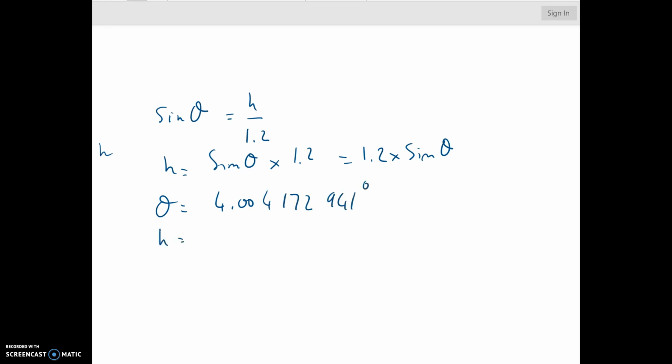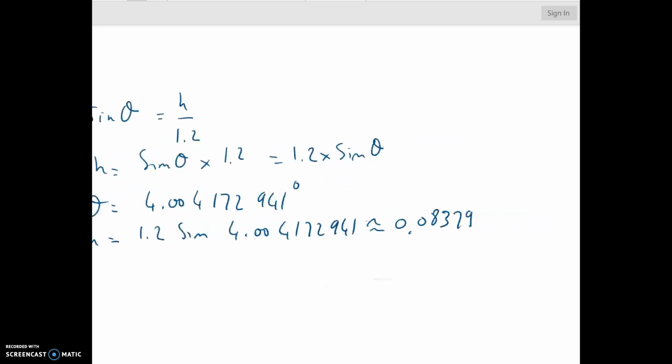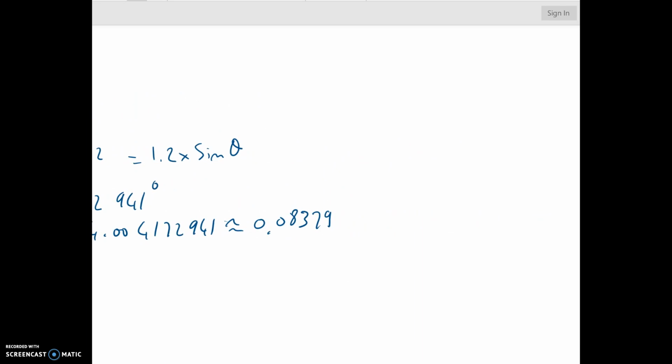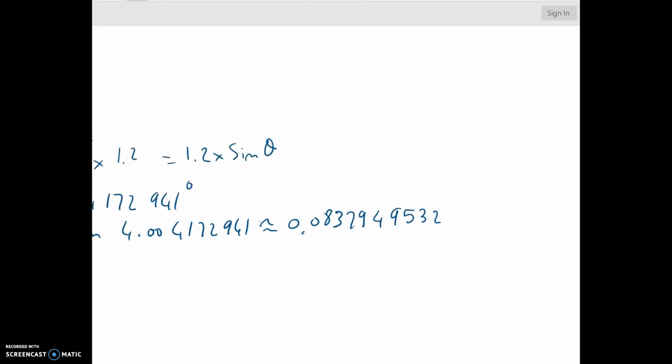You can easily calculate h as 1.2 sine of 4.004172941, and you will find a value around 0.0837949532 mile. Don't forget the unit.